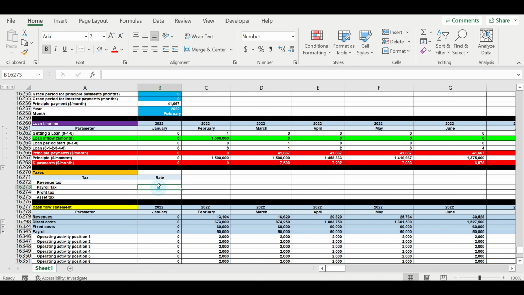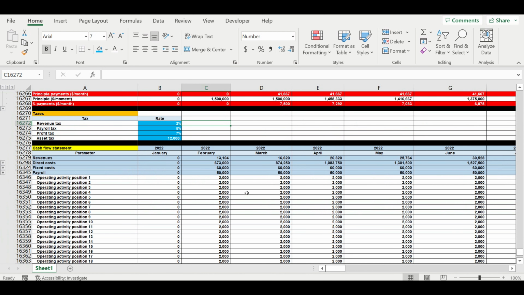Here we will place the rates. These will be the inputs, so we are coloring them blue. Let's say that the revenue tax will be, so this and this will be in percentage format. For example, revenue tax will be 2%, payroll will be 5%, profit will be 7%, and we will pay $12,000 monthly for asset tax. So these will be our inputs.